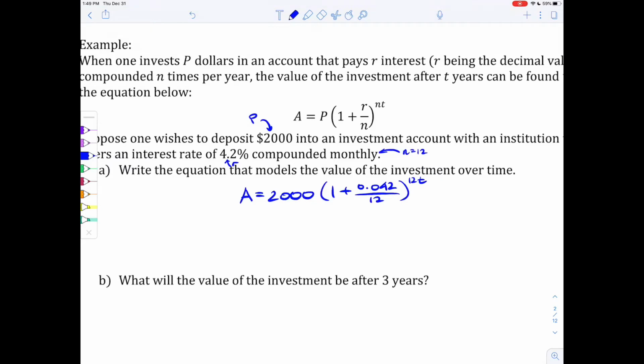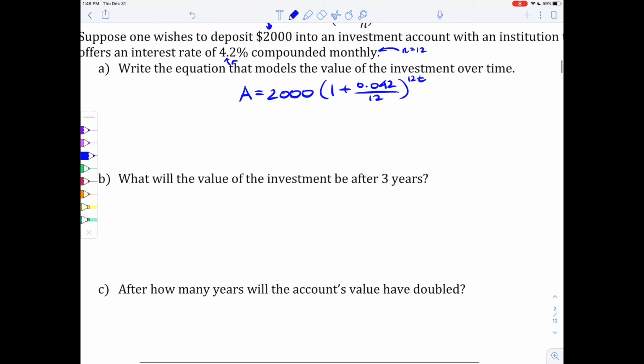What will the value of the investment be after 3 years? Well, then we're just plugging in to the equation. So we've got that A is equal to 2,000 times 1 plus 0.042 over 12 to the power of 12t, but t in this case is 3 years.